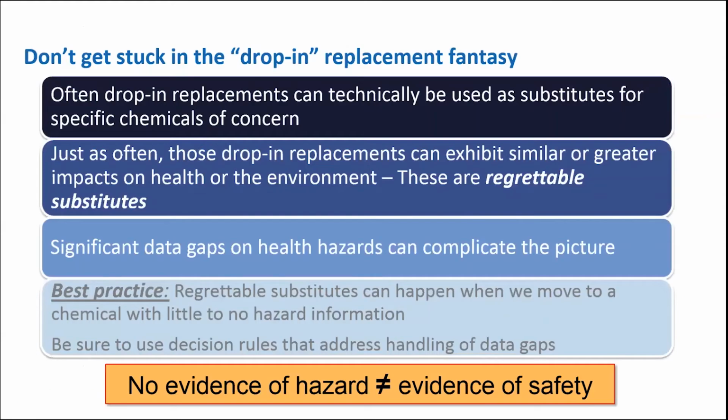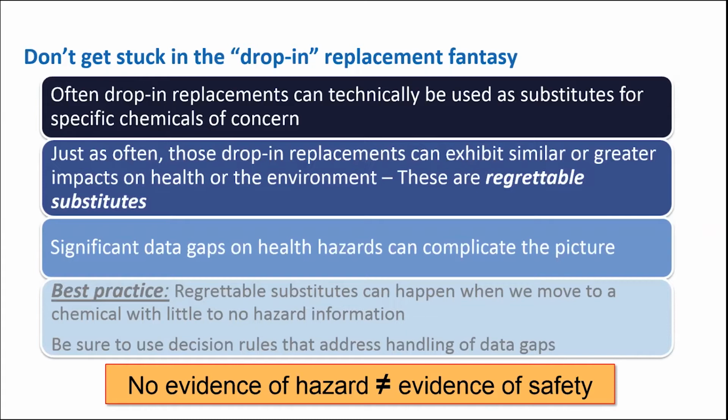It is true that drop-in replacements can often be found that work as well as the chemicals of concern. However, it's also true that there are many examples of drop-in substitutes that are as or more hazardous than the chemicals they are replacing.